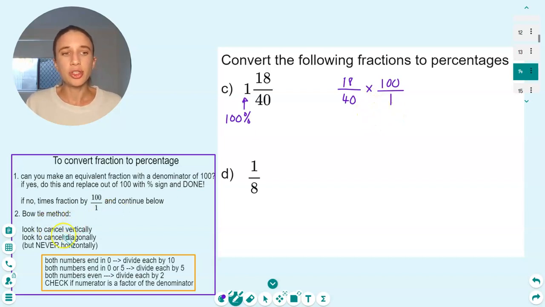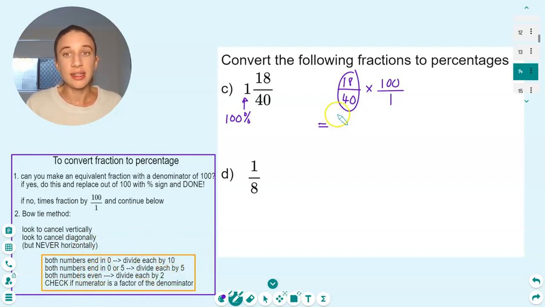Now, looking at step 2, we're using this little bow tie method. So we look to cancel vertically, and I'll show you what that means. I'm looking to cancel vertically here and here. Let's check the first fraction, 18 on 40. Do those two numbers have any common factors? This is where you're checking this orange box.